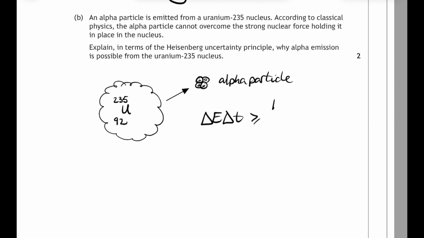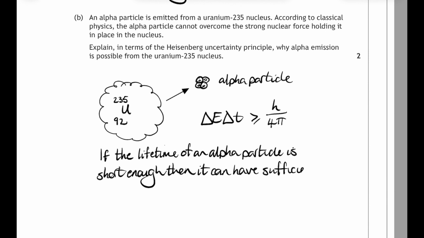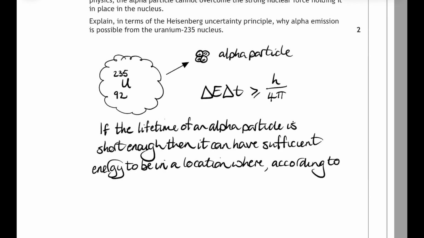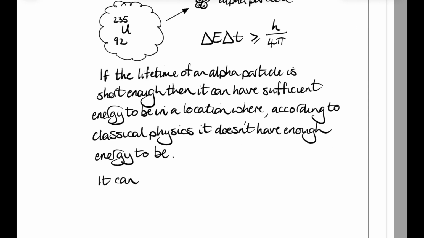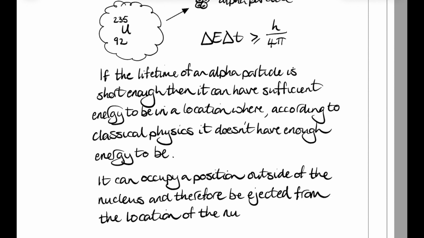But if we look at the version of the Heisenberg uncertainty principle that's got energy and lifetime in it, then if the lifetime of the alpha particle is short enough, then the uncertainty in the energy can be large enough that the alpha particle can have sufficient energy to be in a location where, according to classical physics, it doesn't have enough energy to be. So it can have enough energy to occupy a position outside of the nucleus, and therefore it can be ejected from the location of the nucleus.